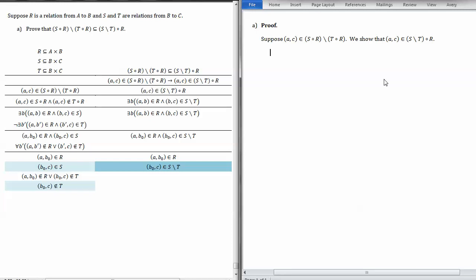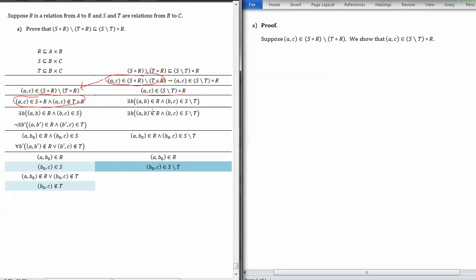Okay, let's type up a proof. Already saying here that, well, I'm not even bothering to say let AC be arbitrary, and I'm just going ahead and doing direct proof. So suppose AC is in that set difference, and we're going to prove this. And from there, the next thing was we had to write out kind of what being in that set difference means.